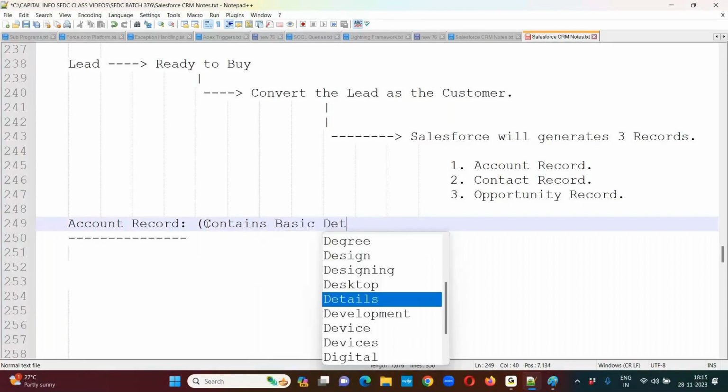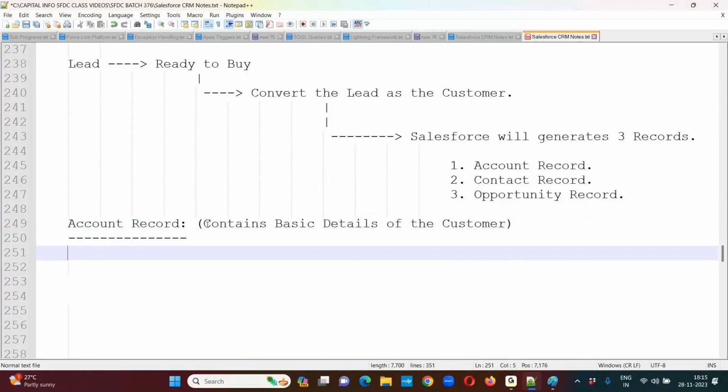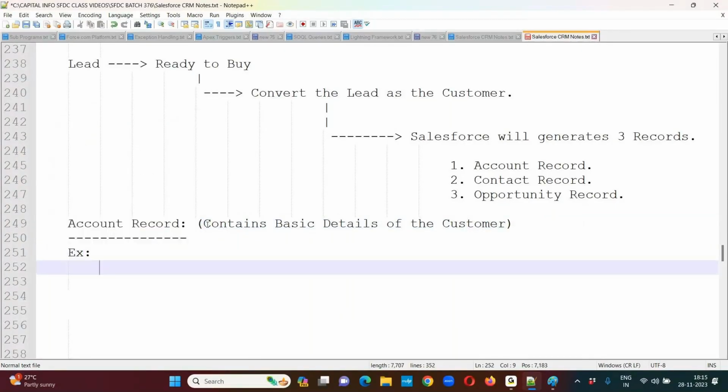For example, the name of the customer, and the rating value, that means what rating we are providing to the customer. Depending upon the number of products the customer is purchasing, we can give a high rating to the customer. Based on the high rating, we can offer some more discounts in future.